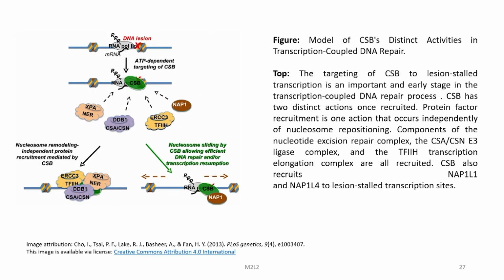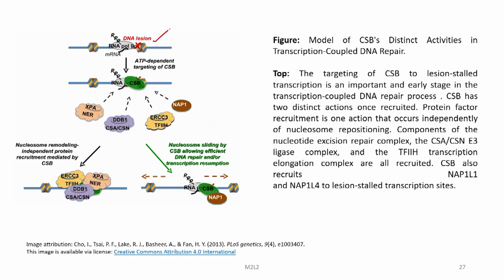So, this figure is a model of CSB's distinct activities in transcription coupled DNA repair. You can see here on the top the targeting of CSB to lesion stalled transcription.